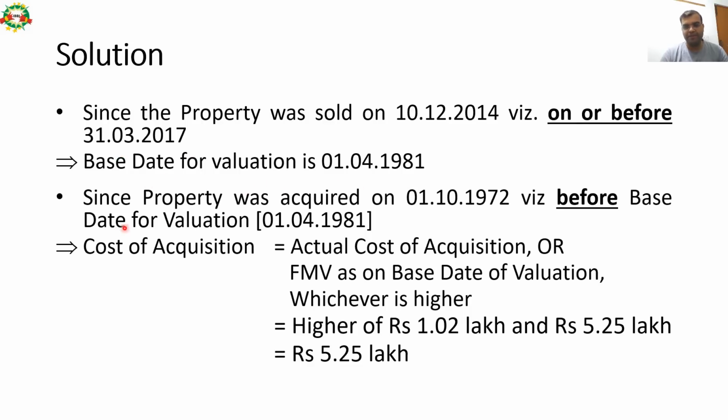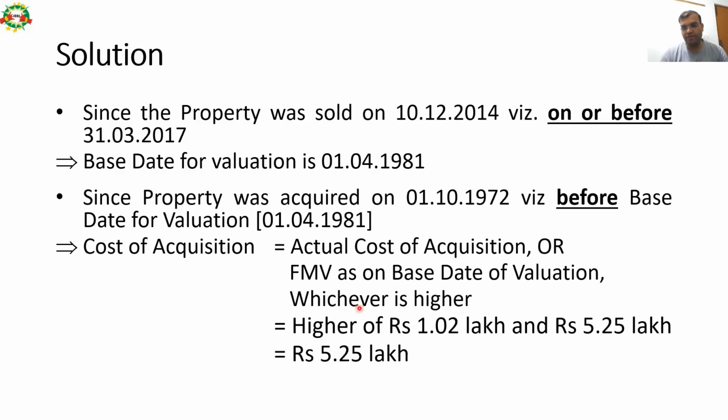Step number 1 done. Step number 2: whether the property was acquired before the base date or after the base date. Since the property was acquired on 1st October 1972, which is before the base date for valuation, that means the cost of acquisition is equal to the actual cost of acquisition or the fair market value as on the base date of valuation, whichever is higher.